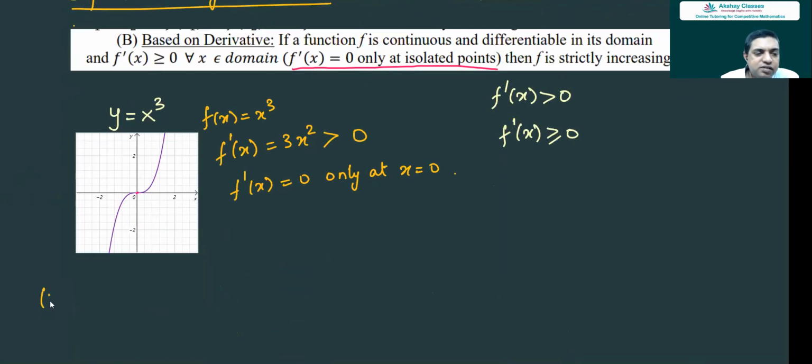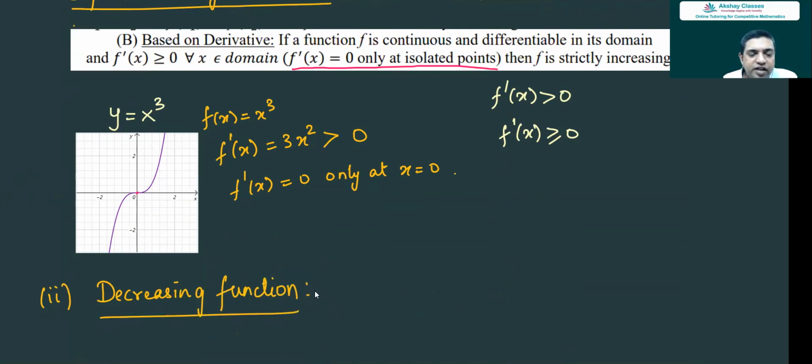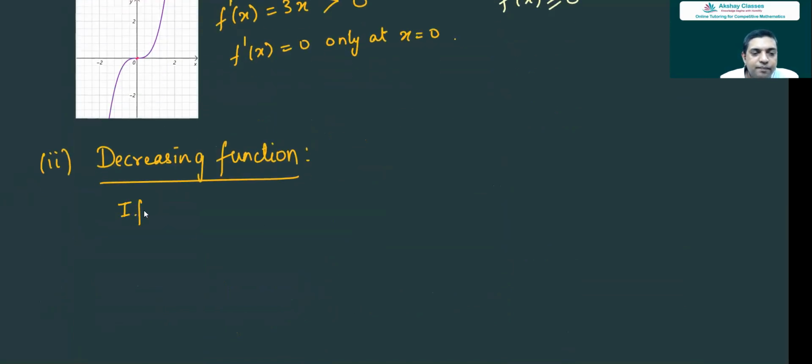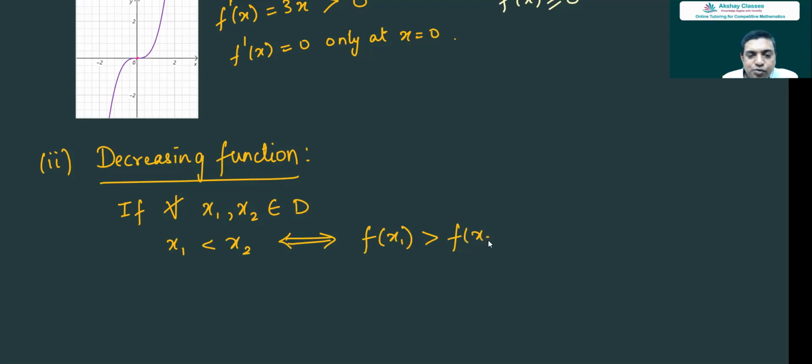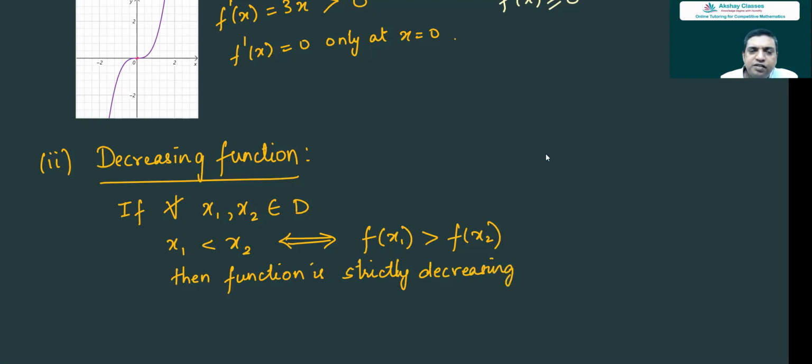For a decreasing function, if for all x1 comma x2 belonging to the domain, x1 less than x2 implies, or double implies, f of x1 is greater than f of x2, then the function is strictly decreasing.